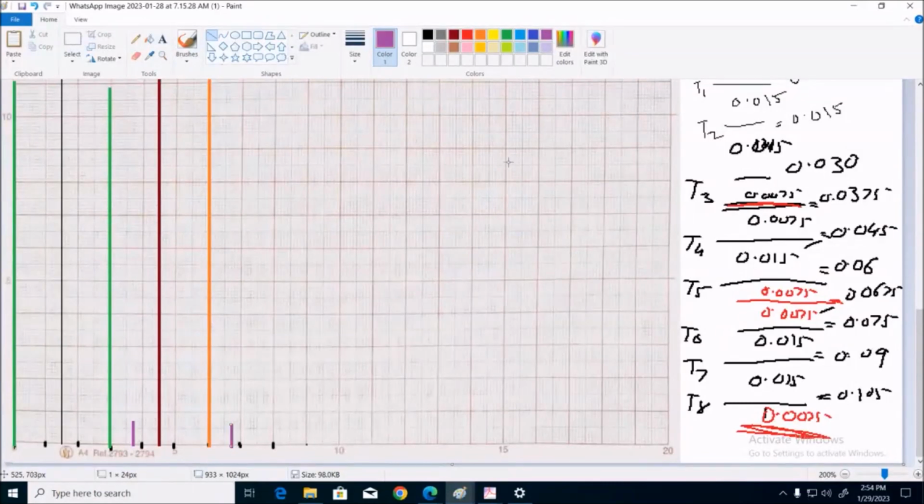It finishes the intermediate section. Now start the cold section. 6.75, 7.5 is here, 9, 8. This is 9.